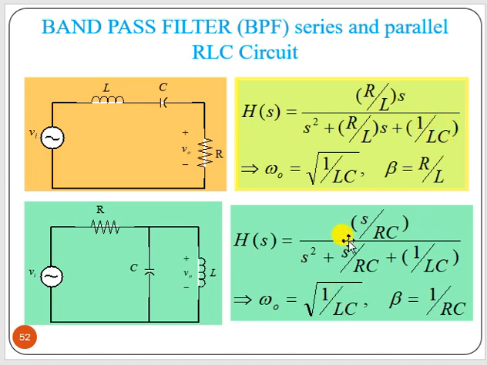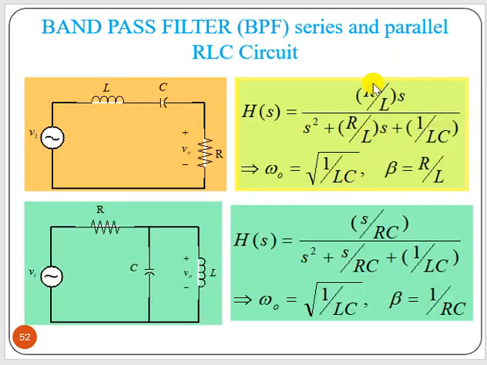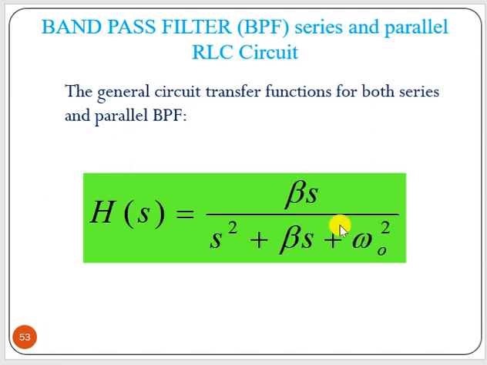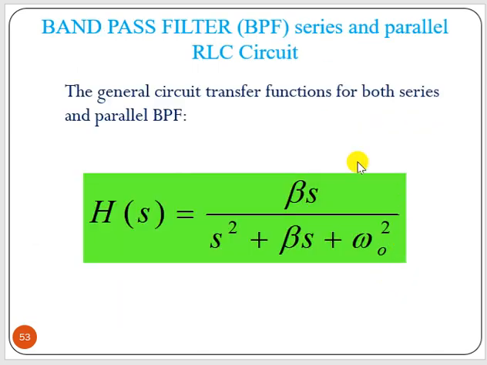So we can write the equation as beta S, where beta is R by L for the series RLC circuit and 1 by RC for this parallel circuit. That gives beta S divided by S square plus beta S plus omega 0 square. This is your general transfer function for a band pass filter.